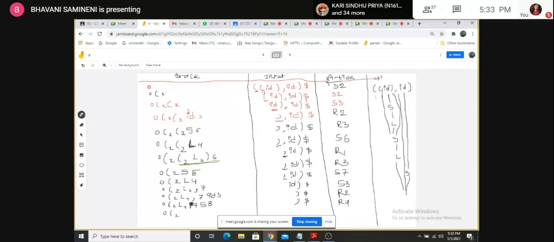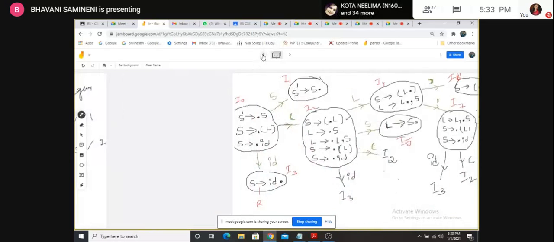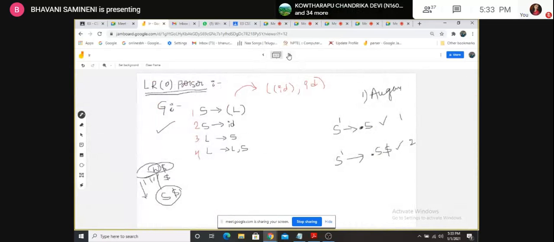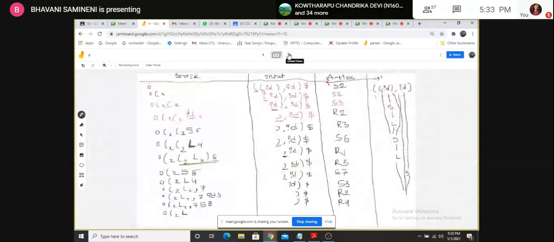L comma S. In place of L comma S, I have to place L. This is L. Now I2 on L is 4.